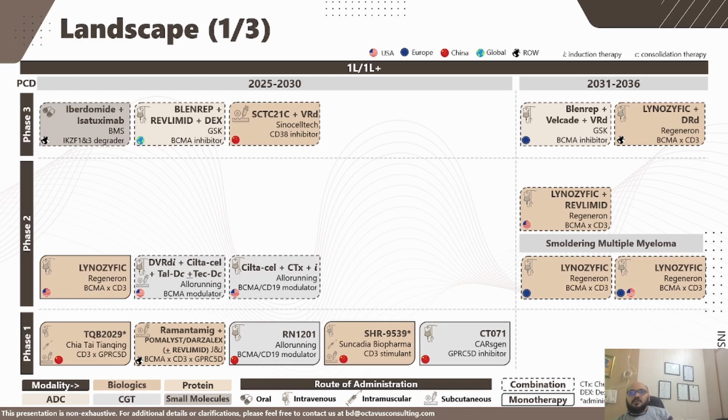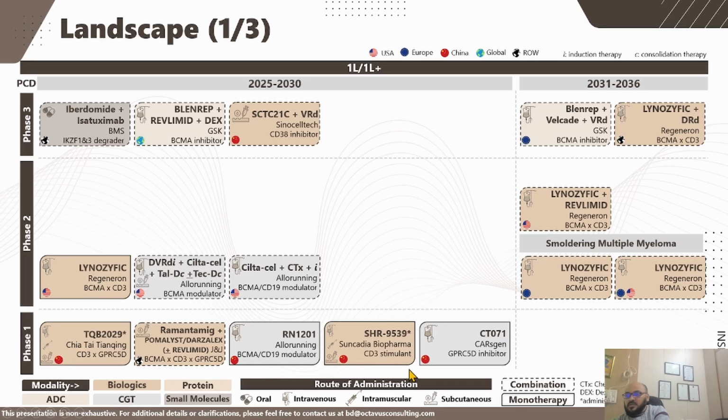Then in phase two, we have a gene therapy, and a combination from Oluranin, which is again, I think, gene therapy plus other molecules, LDC and all that, being assessed here. Regeneron's molecule is already approved in R by R, I think, but this is for first line.